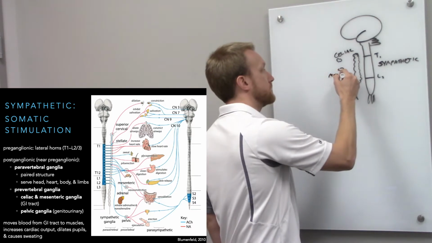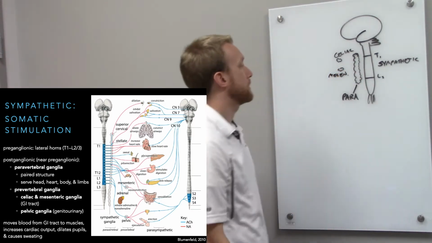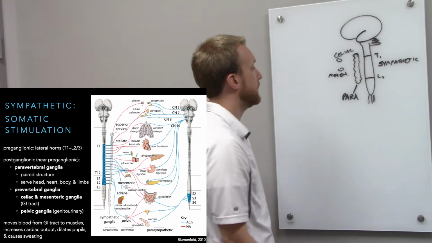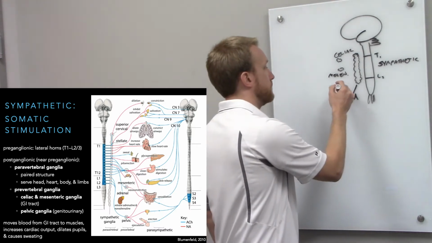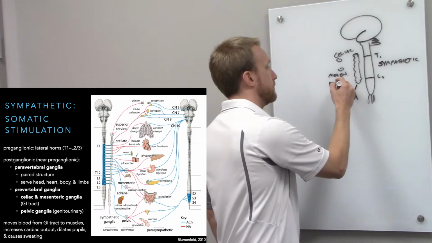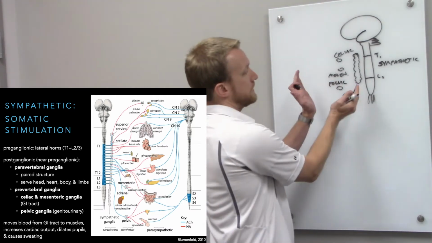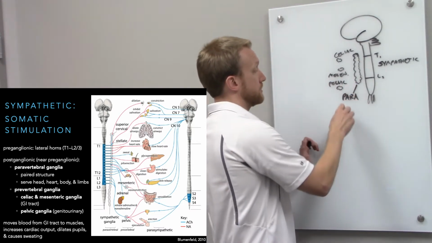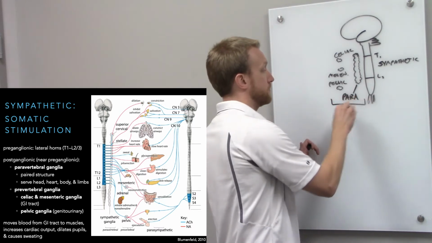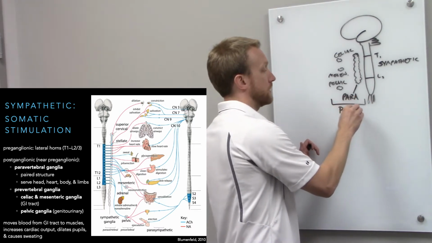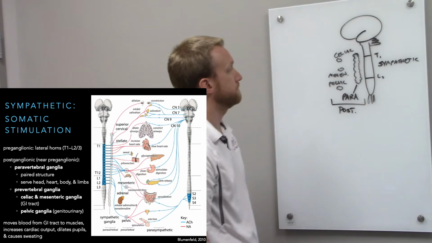There's two of these, superior and inferior. And there's a pelvic ganglion as well. So these ganglia outside the central nervous system, those are the postganglionic neurons.